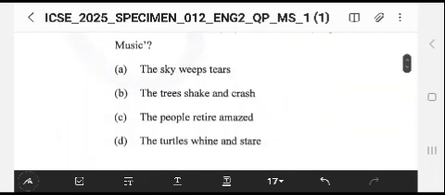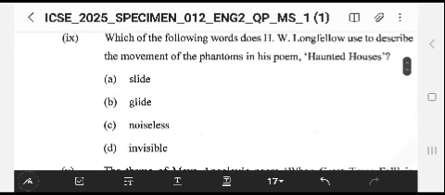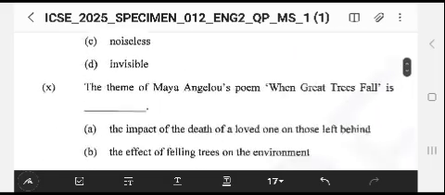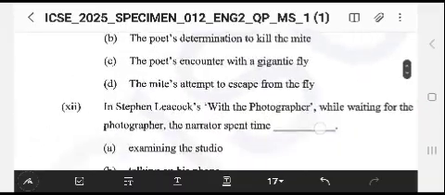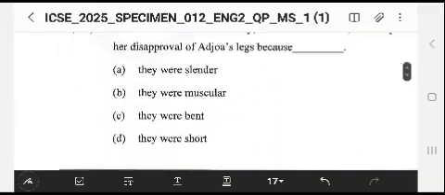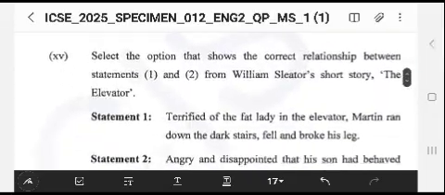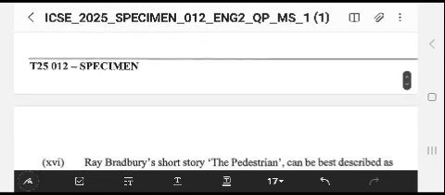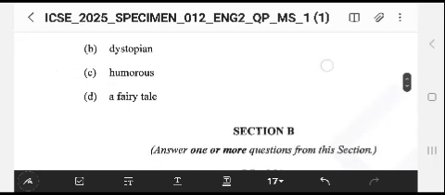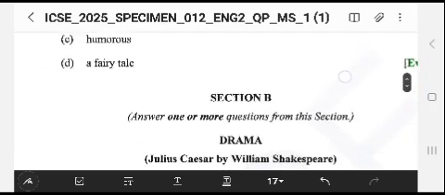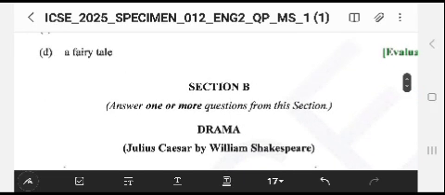And after this you are coming into the poetry and the prose part also. All this you have to do in the same way. That is, first eliminate 2, and among the remaining 2 you have to select the best answer, and make sure that the answer is exactly correct. So answers will be a little bit confusing, but you have to read very carefully and answer. Then the next part is section B, that is the drama part.